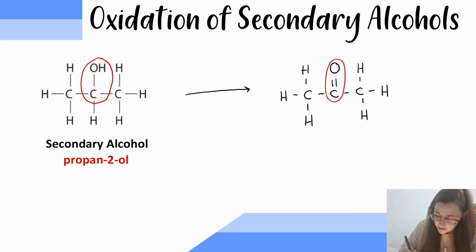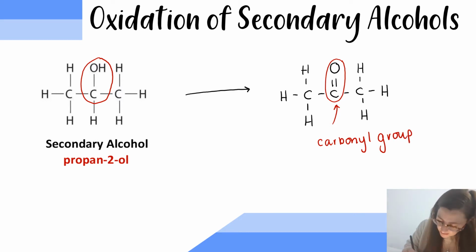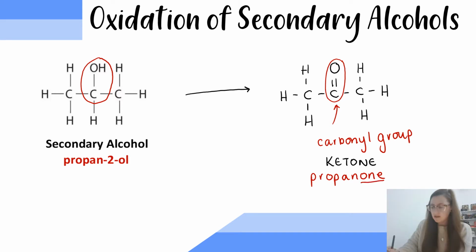And as I mentioned, this C double bond O group is our carbonyl group. The product that I've formed here is a ketone, and the name of this product is propanone. So the -one is telling me that this is a ketone.